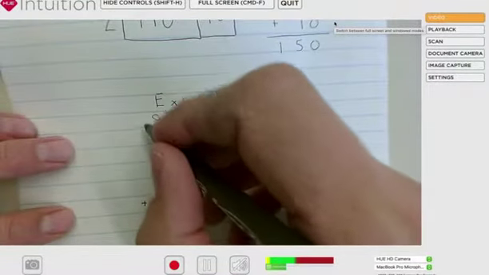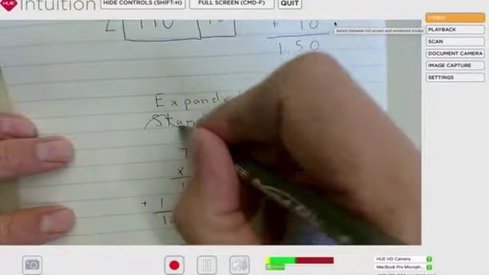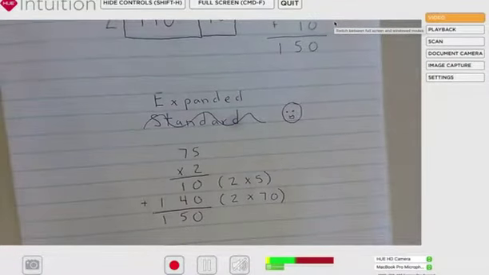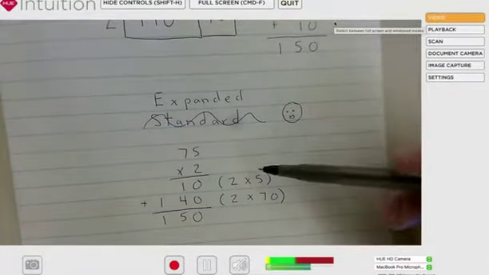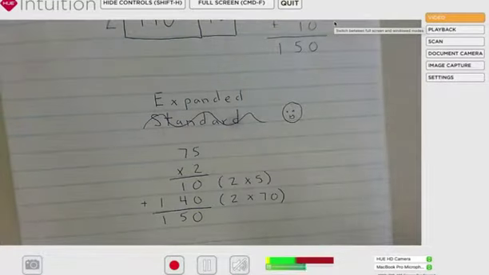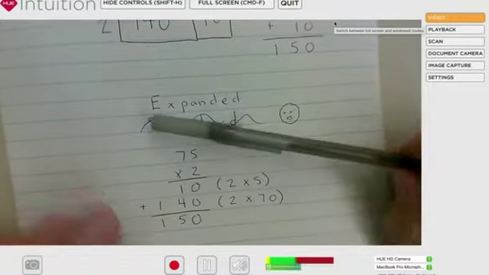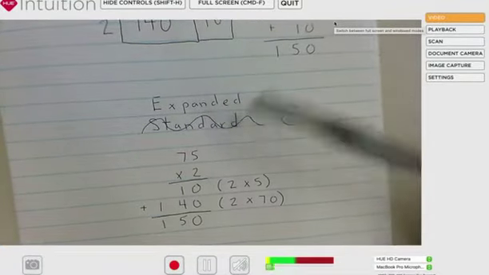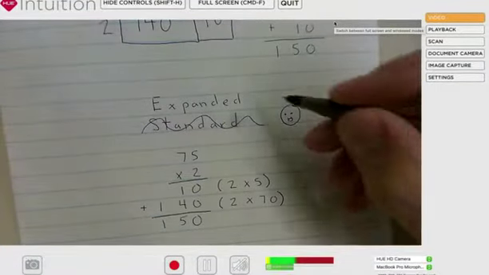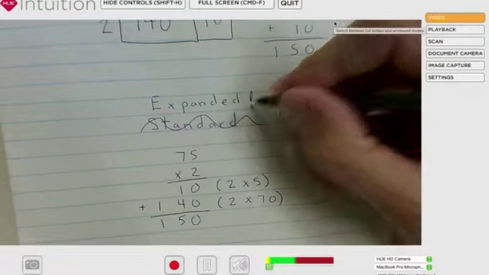Standard algorithm, so we're gonna place a respectful scribble over standard. It's not really this. Standard is something that's going to be coming soon. It's more of a shortcut method where you completely eliminate all partial products. So you know what? Now that I think about it, let's not call this standard for today. Let's call this expanded form.